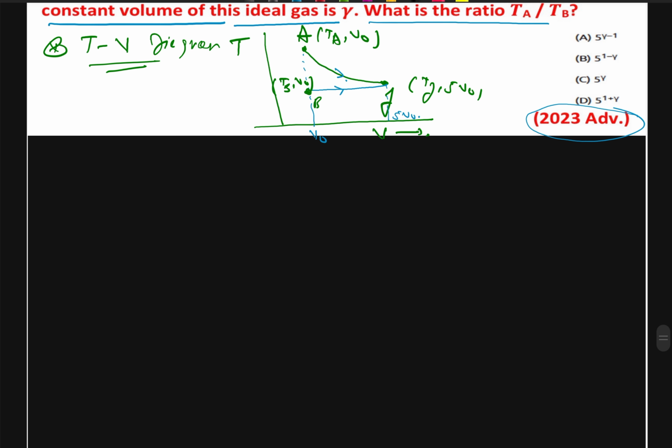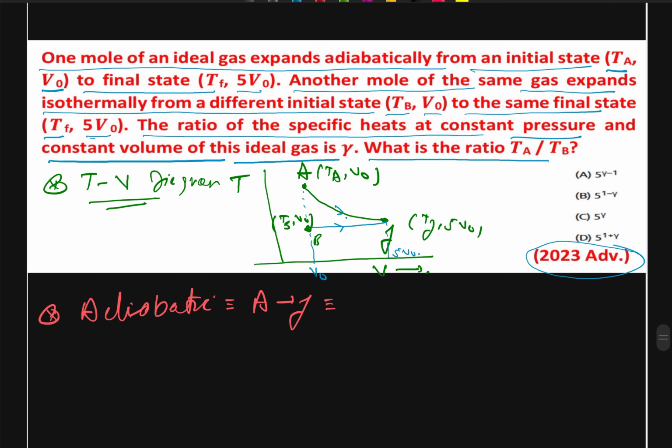So we can write this in terms of equation also. So we have adiabatic, and this adiabatic is from A to F, and it can be written as our PA, V naught, temperature is TA.